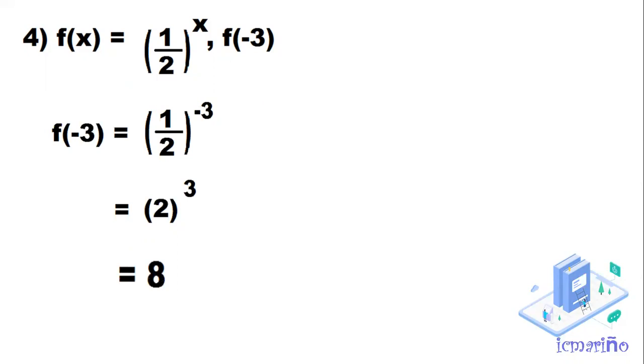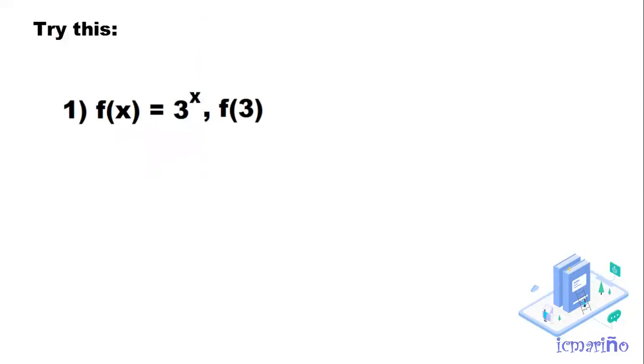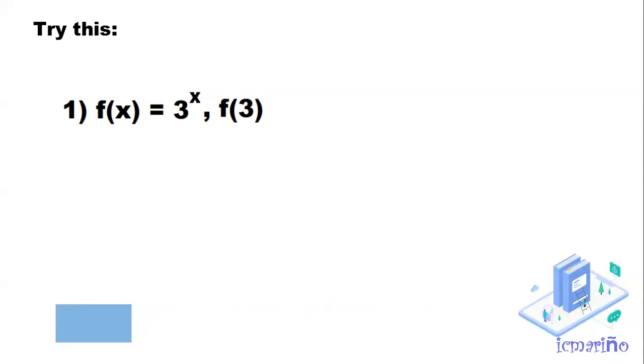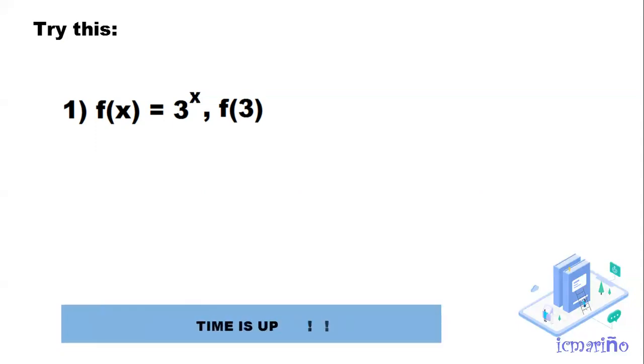Okay, did you get it? Very good. Okay, you try this one. F of x equals 3 raised to x, and f of 3. I will give you 10 seconds. Okay, time is up.